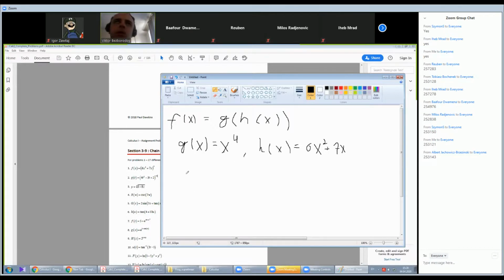This is g. So the derivative of f is going to be the derivative of g applied to h of x times the derivative of h.